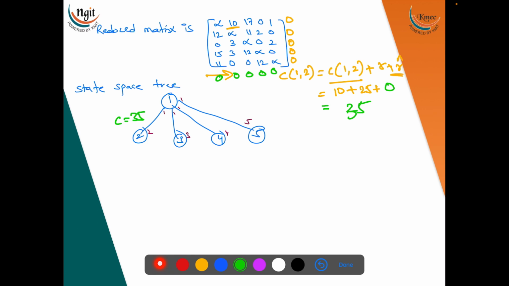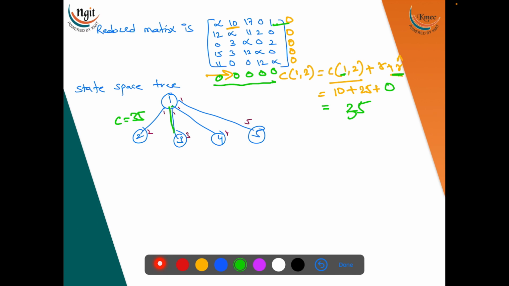Now again calculate the 1 comma 3 cost. As far as R cap is concerned, we will make the first row infinite and the third column infinite. After you make the first row and third column infinite, find the minimum value from each row and each column. Whichever node has the minimum, you write that over here.